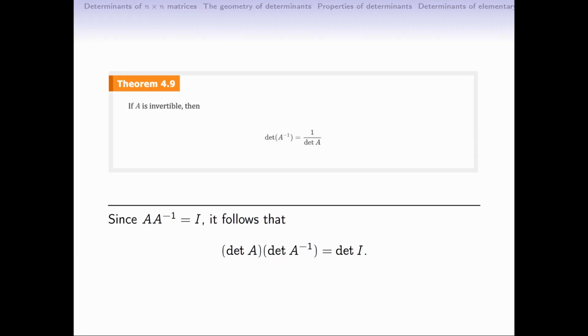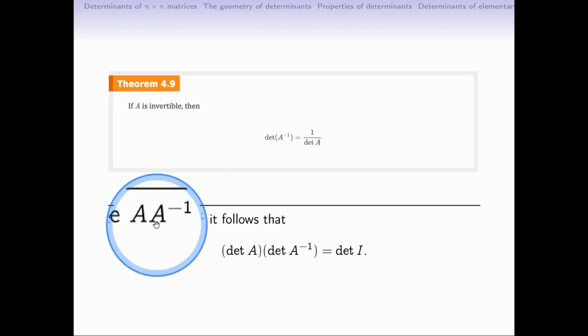Our next theorem, theorem 4.9, is particularly pleasing. It says, if A is invertible, then the determinant of the inverse of A is equal to the reciprocal of the determinant of A. Another way of writing this is to say that the determinant of A times the determinant of A inverse is equal to 1. Now, let's see why this is a relatively simple consequence of theorem 4.8.